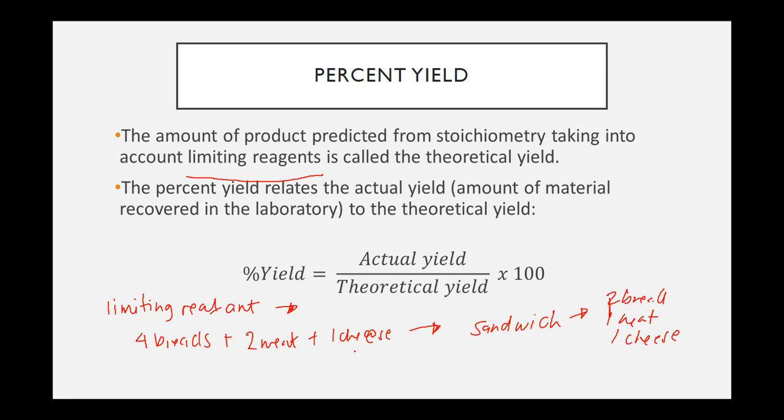Looking here, our limiting reactant is the cheese, because one sandwich needs one cheese and we only have one. So we can make only 1 sandwich. Our limiting reactant therefore is the cheese.